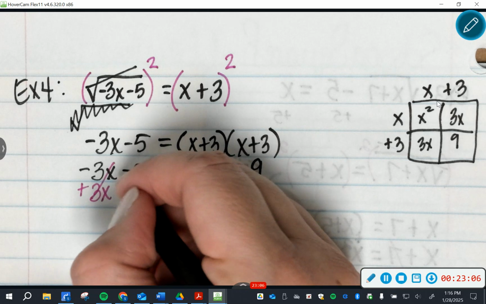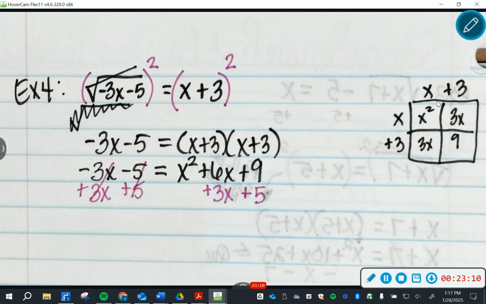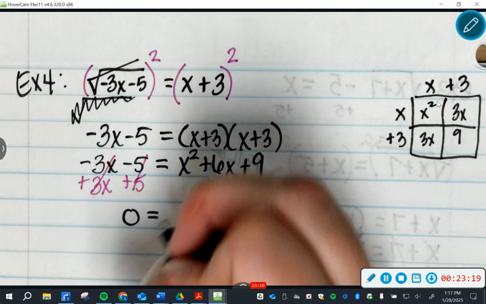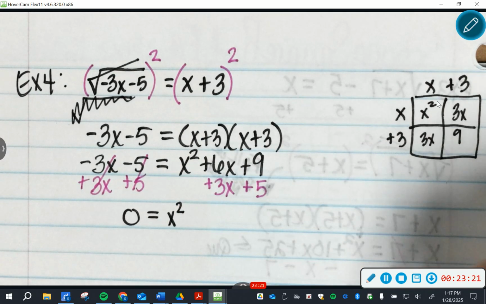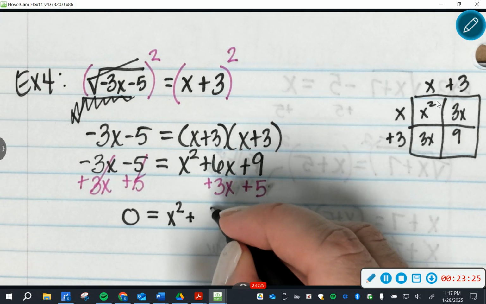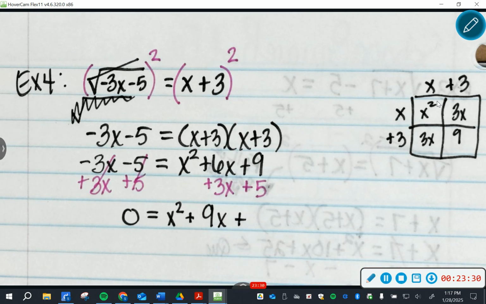Opposite of minus 5, that'll be plus 5. So we have 0 equals x squared plus 6 plus 3 is 9, so 9x plus 9 plus 5.